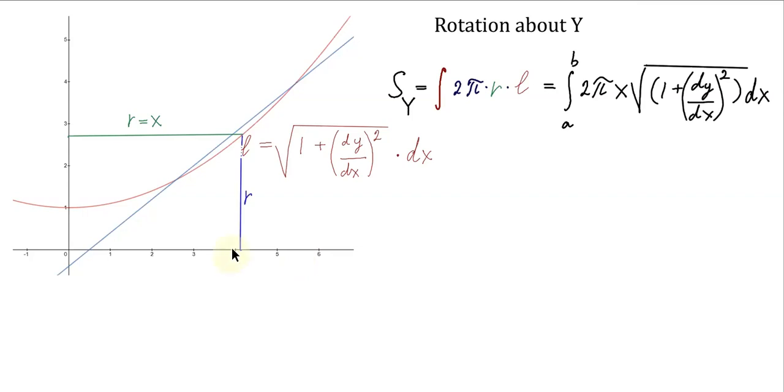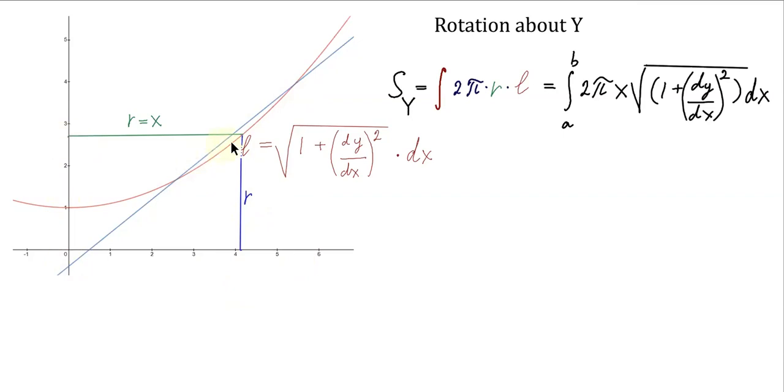So let's go blue. If this piece of the curve, the small piece, small l, is being rotated around the x-axis, the radius will be blue. And it's also easy to figure out what this blue r is equal to. It's parallel to the y-axis, so we can figure out the length by measuring this length along the y-axis.